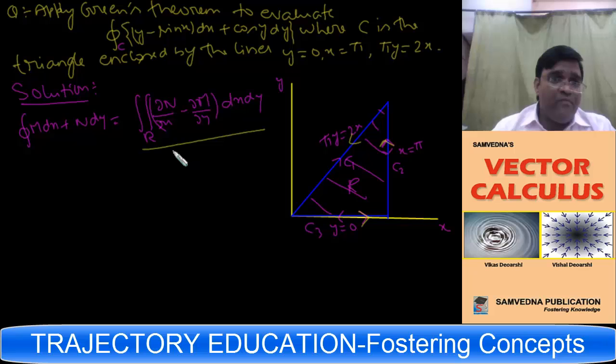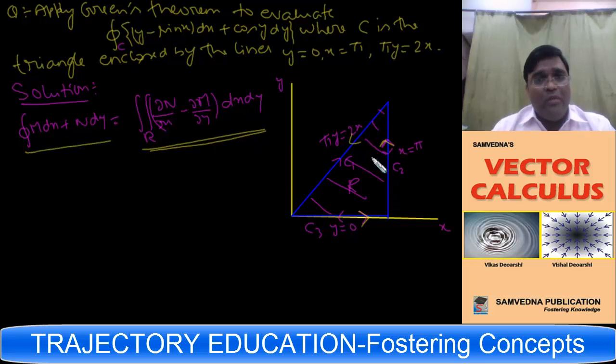This double integral does not depend on the orientation of the curve, whereas the line integral does. If I calculate the line integral along the clockwise orientation and again along the anti-clockwise orientation, the magnitude will be the same but the sign opposite. If the line integral along the clockwise orientation is plus 10, the one along the anti-clockwise orientation is minus 10.